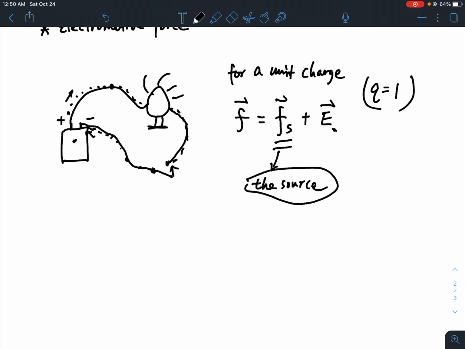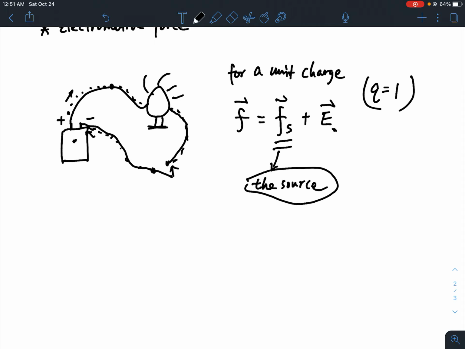For a thermocouple, it is the temperature gradient that creates some force. That will show as Fs. So there are two forces that are applied.